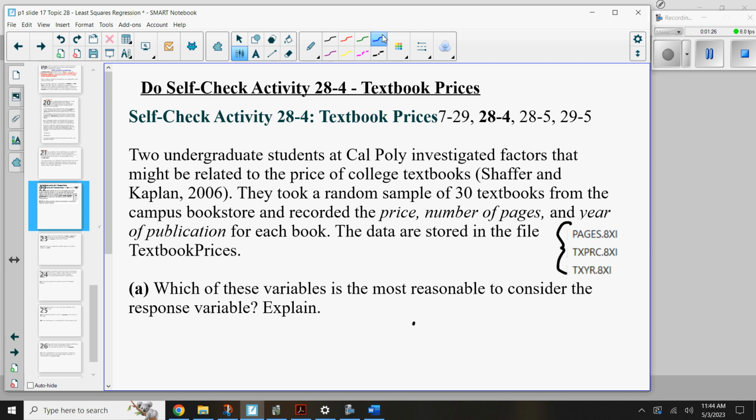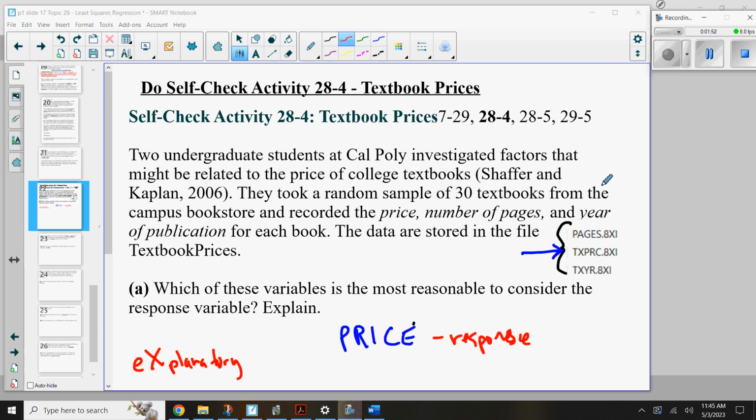I'm thinking the response would be price, because the price isn't going to determine the number of pages or the year, but the number of pages or the year may have a big impact on the price. So price is the one most likely to be the response variable.